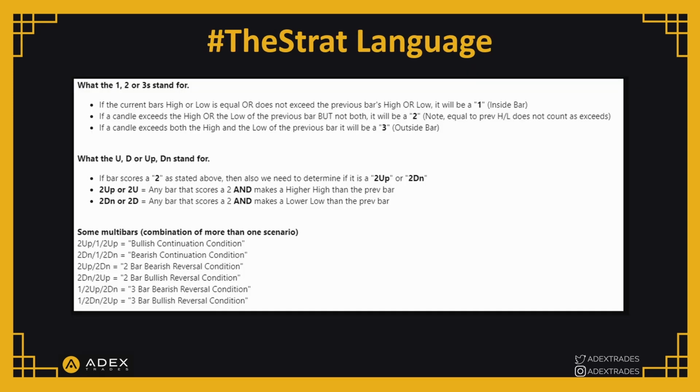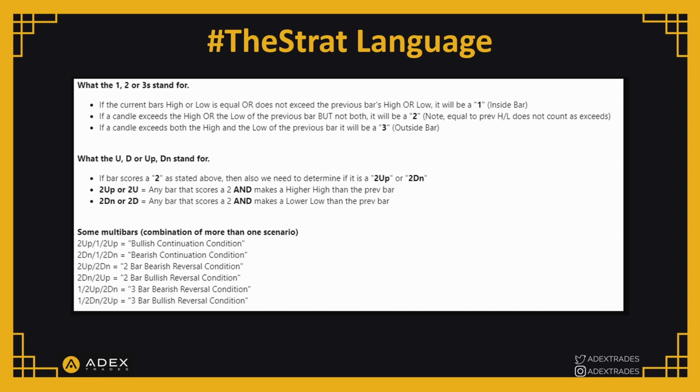All right, the Strat language. One of the beauties about the Strat is that we are able to talk to each other in a language. Some of you guys can be at work, but if you hear us saying, hey, we're about to go 2 up on the day, you understand that 2 up on the day means we're breaking the previous day's high. Like Abby called out ES at 4078 today. Let's say that was today's high.